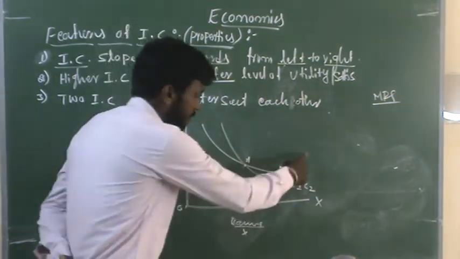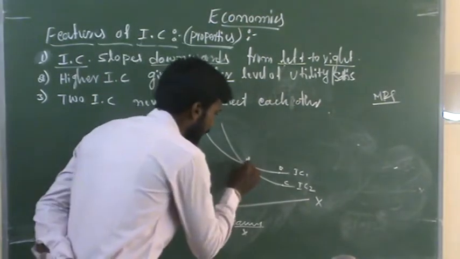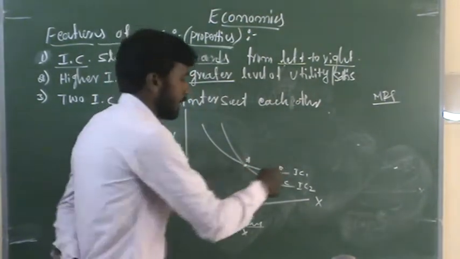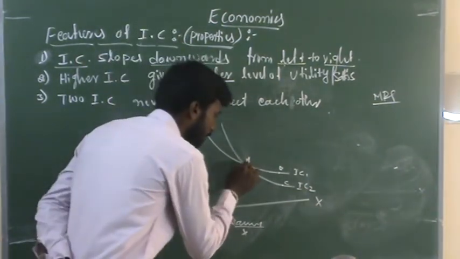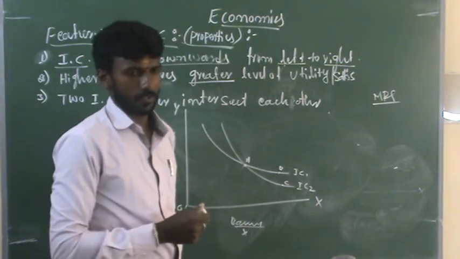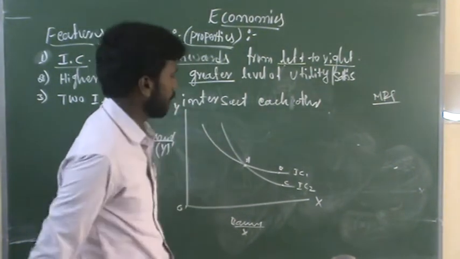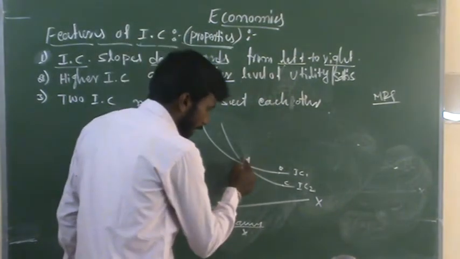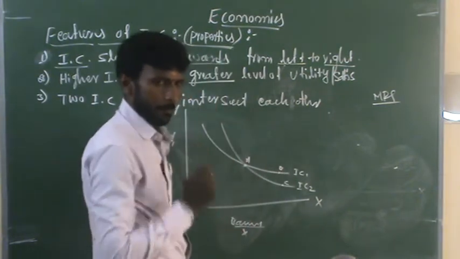Now the IC1 and IC2, these two intersect at the point A. Point A and point B, these two lie on IC1.